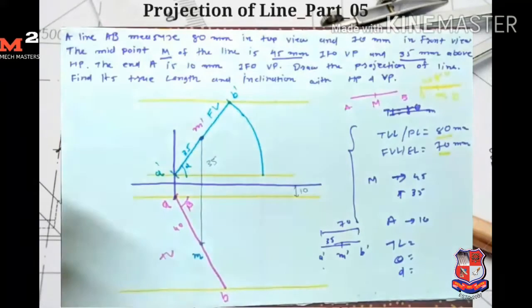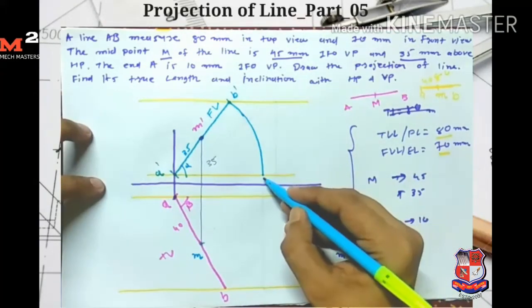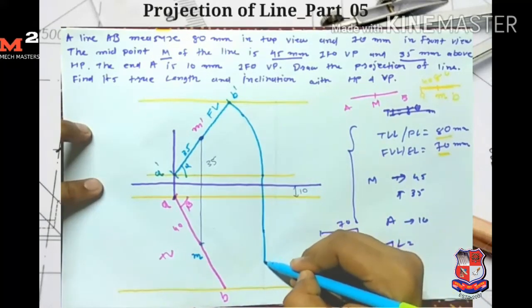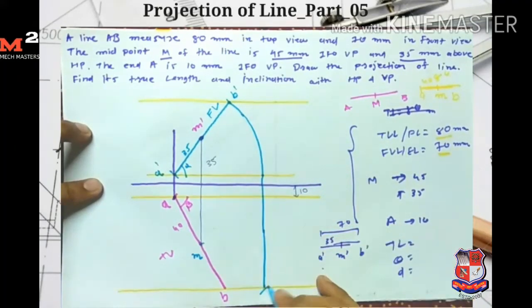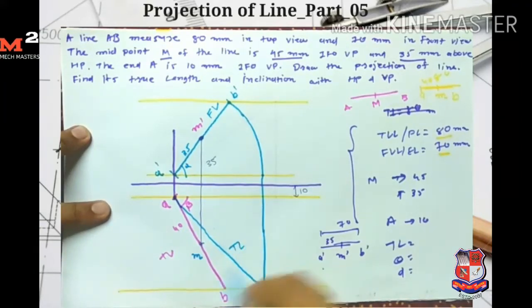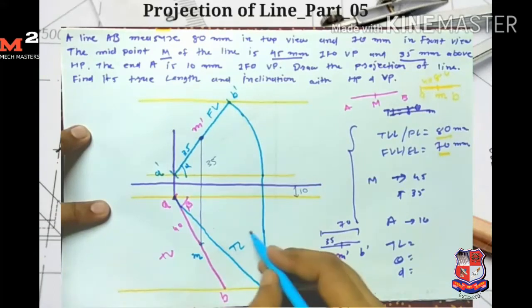So I take the projection of this line up to the locus of B, and here I get my point B2. So this line AB2 is my true length, and if I measure the true length, it is equal to 95.